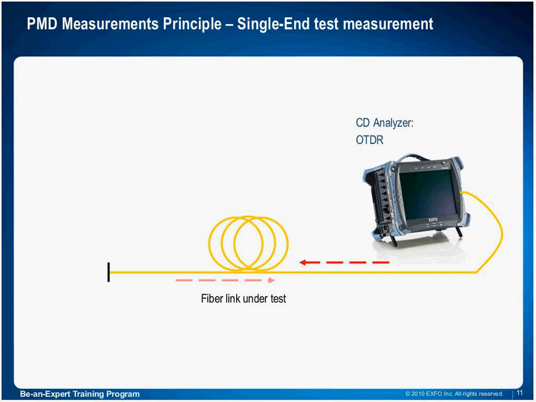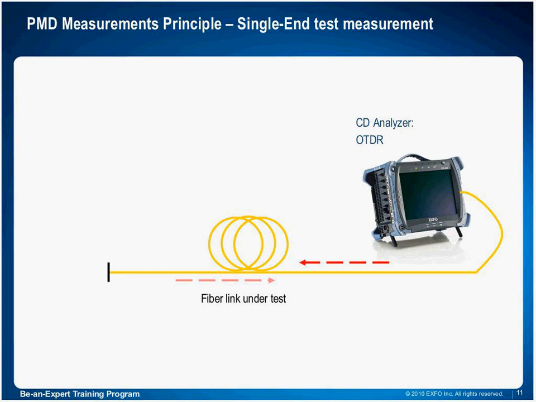Say it might select, for example, 8 or 12 different pairs of wavelengths. Each of the wavelengths within each of these pairs will have a different return time. And so these are the actual data that is used to calculate the dispersion in the fiber.